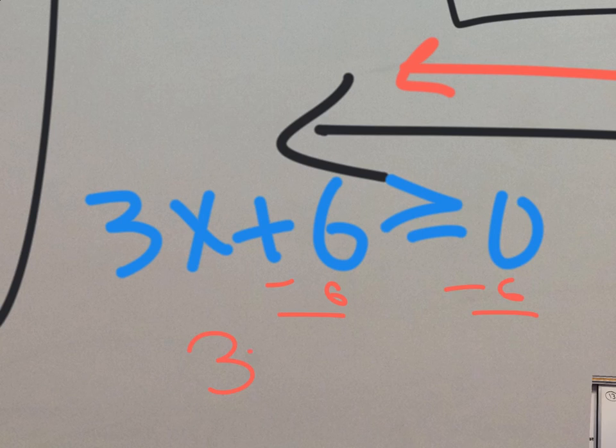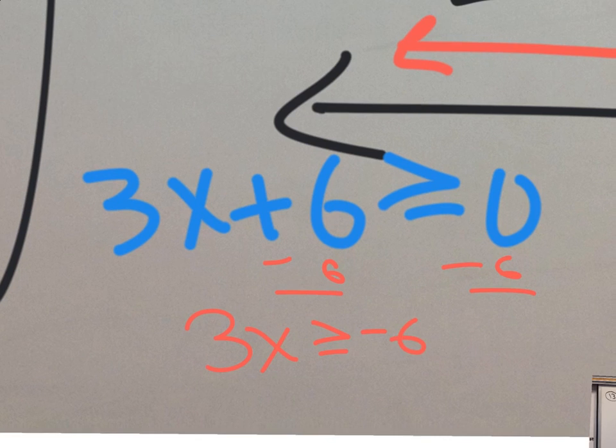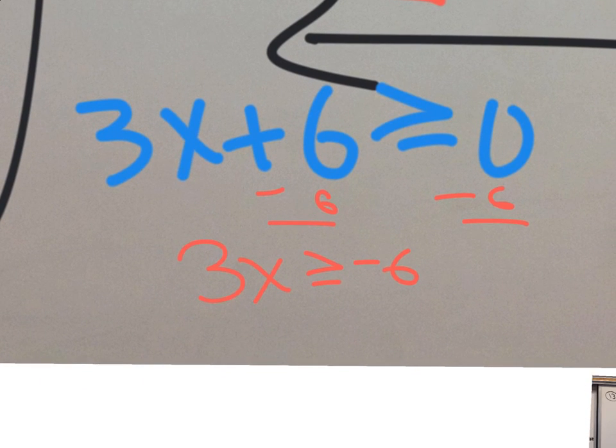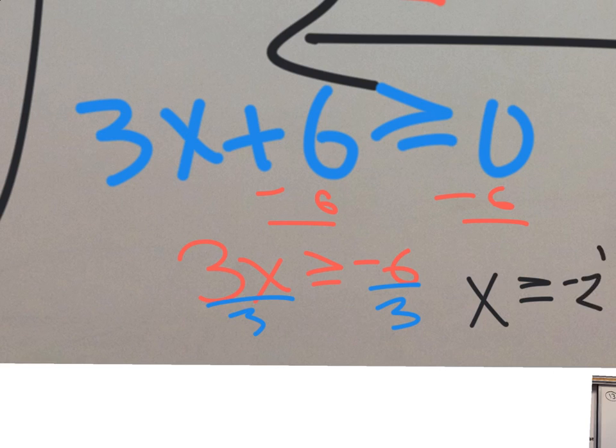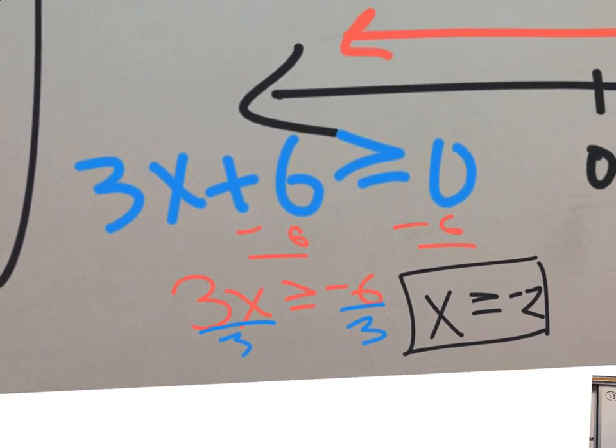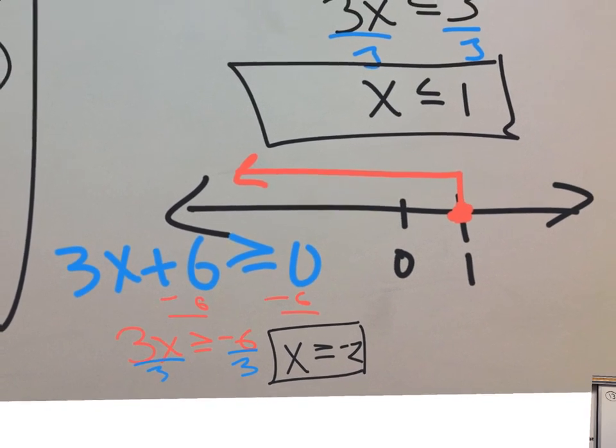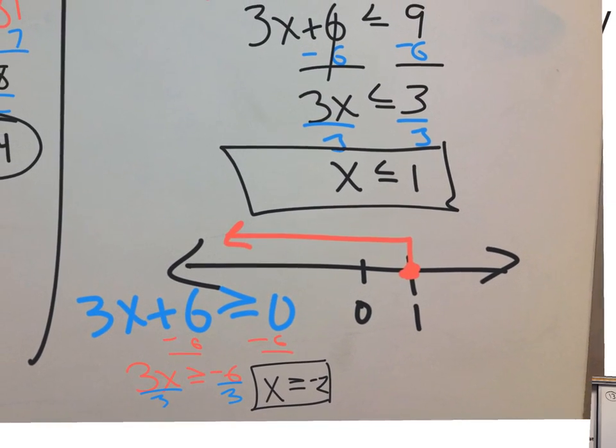You're going to have 3x greater than or equal to negative 6. And of course, if you divide by 3 and divide by 3, you get x is greater than or equal to negative 2. So that's your inequality that you got from setting the radicand value to be greater than or equal to 0.